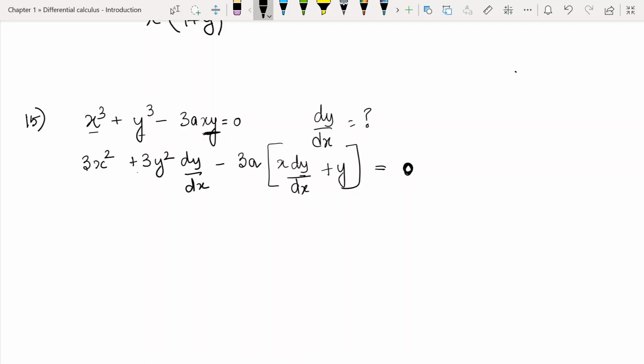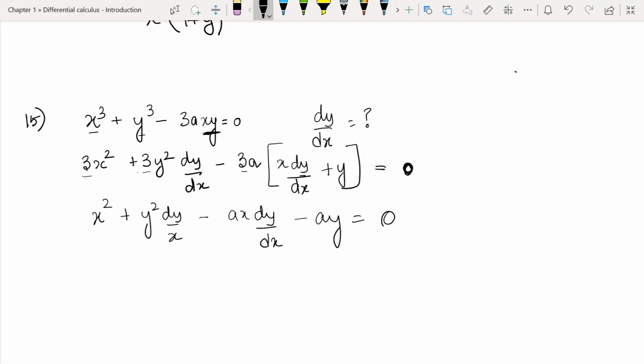Now I can see that there is a 3 common in all the three terms. I'm going to take the 3 out common. So it becomes x square plus y square dy by dx, and here I'm going to expand it. Okay, when I expand it, I will get ax dy by dx minus ay.